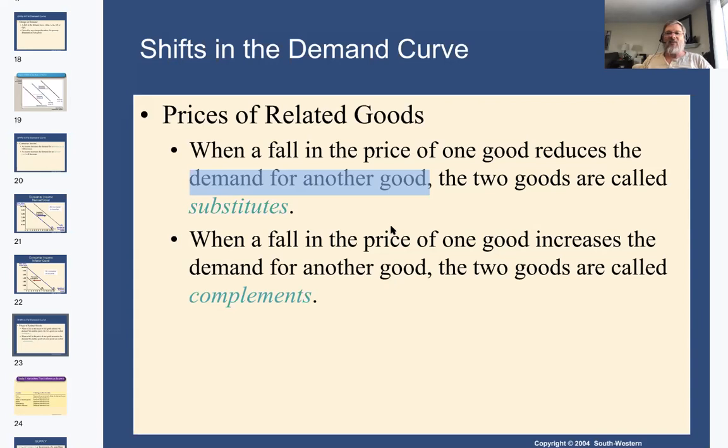The one that was most surprising to me is that he found out statistically that airline ticket prices affected the demand for chicken. In particular, when there was a decrease in the price of airline tickets, there tended to be an increase in the demand for chicken.